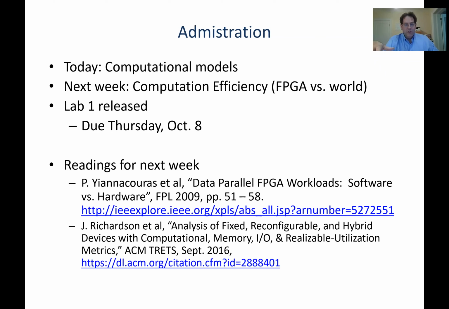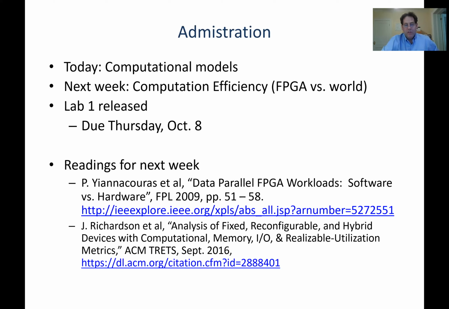Another part of the answer is how efficient is an FPGA versus fixed hardware, like an ASIC. And the second paper listed here gives some insight into that. That's a difficult question to answer perfectly. It's different for every design. But the second paper looks at, if we have a relatively simple model of computation, we can use all the resources pretty well.